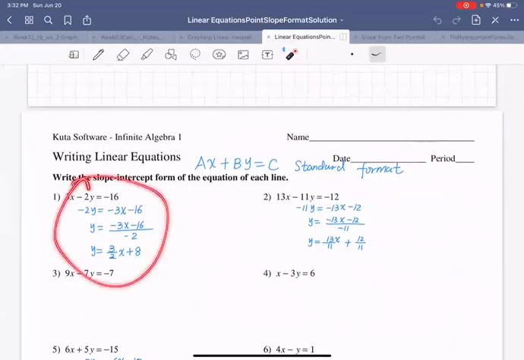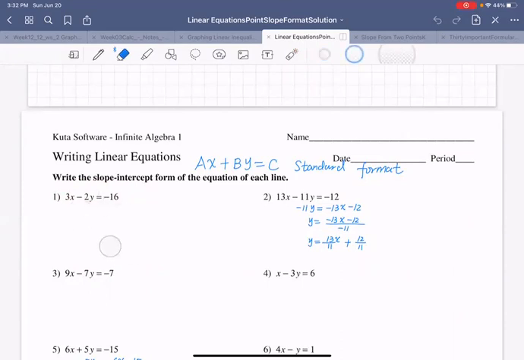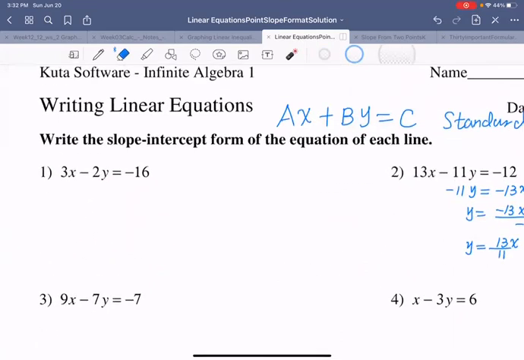This one, again, they want you to change from standard format to the slope-intercept format. Lansley, go ahead. Show me that you can convert this to slope-intercept format. Negative 2y equals negative 3x minus negative 16.